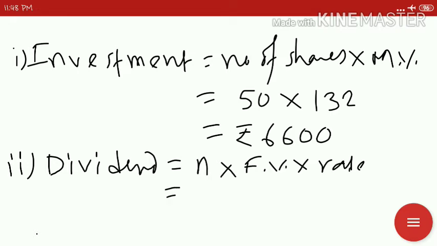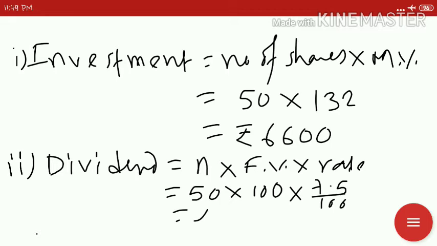So n means 50, the face value is 100, and the rate is 7.5%, that means 7.5 by 100. Now if we calculate, you get the answer rupees 375. That is the answer of the dividend.